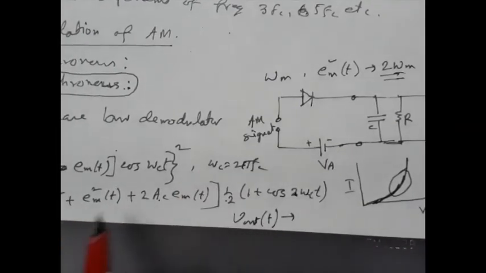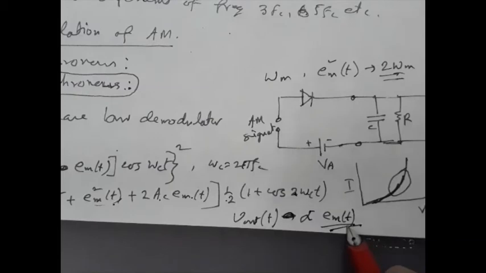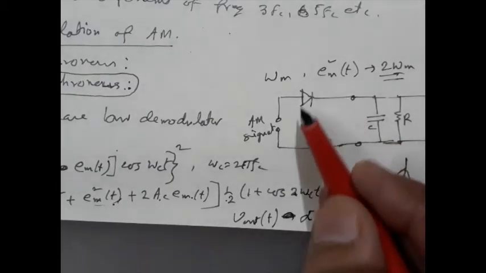So this Em square term will also be rejected or removed by this filter. So the only existing term is this one. So 2 Ac Em(t) into half means Ac into Em(t). So V out will be proportional to Em(t). That means output voltage is proportional to the message signal. So we can recover the original message signal using this circuit.